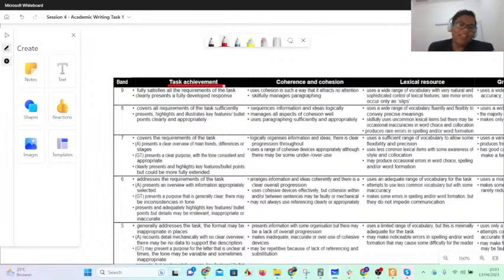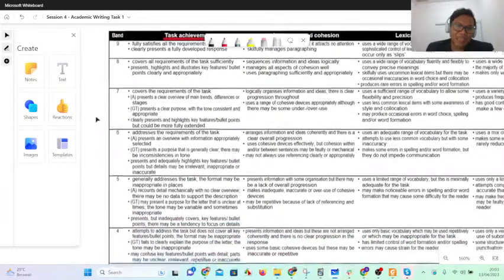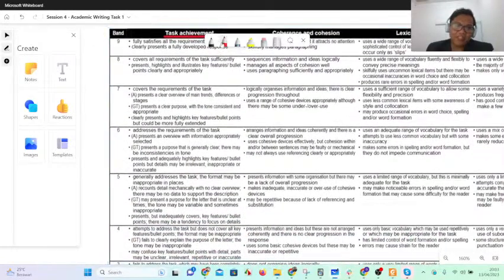Now, if you take a look, let's start off with the bottom grade. Usually the average grade is around a 5 or 6, so let's take a look at 5. It says here: generally addresses the task. The format may be inappropriate in places, recounts detail mechanically with no clear overview. There may be no data to support the description.